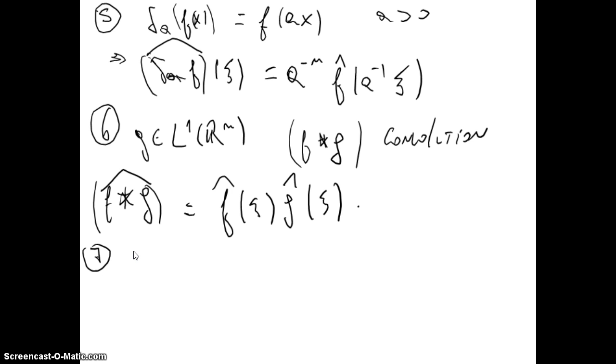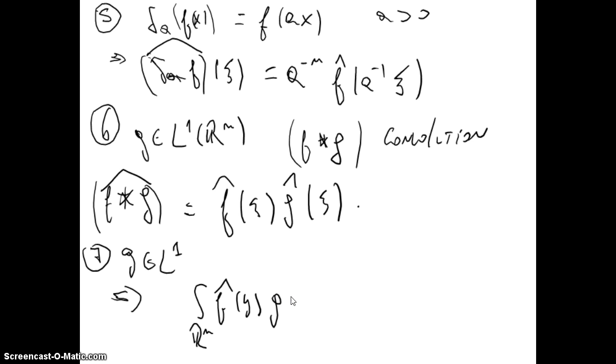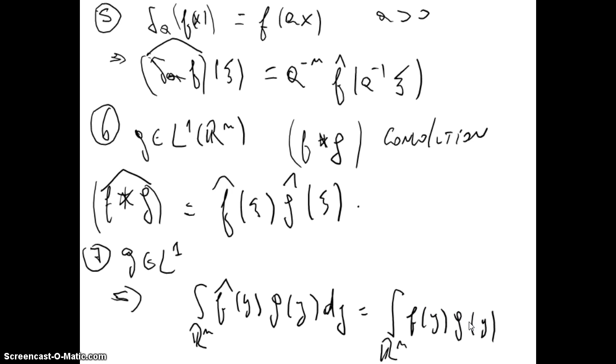And another property: g in L1, then the integral over Rn of f(y) times the transform of g(y) dy will be equal to the integral over Rn of the transform of f(y) times g(y) dy. So now we have established some important properties of the Fourier transform in L1.